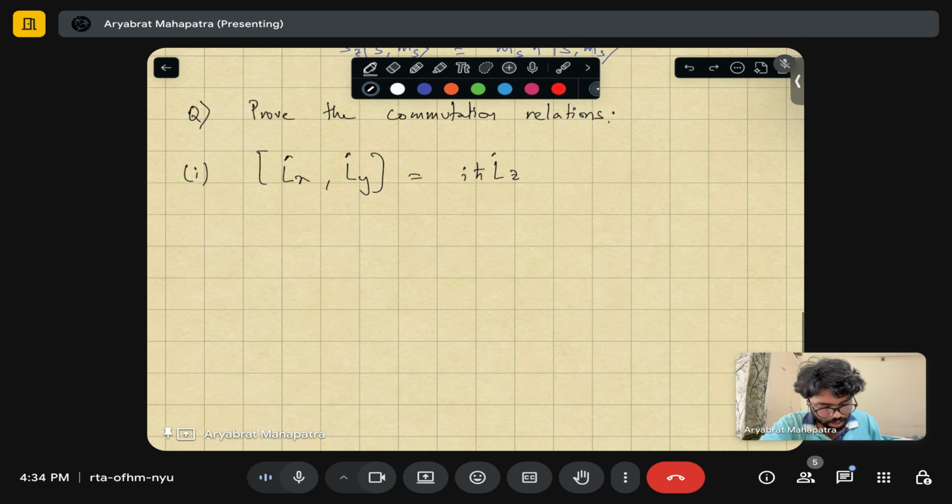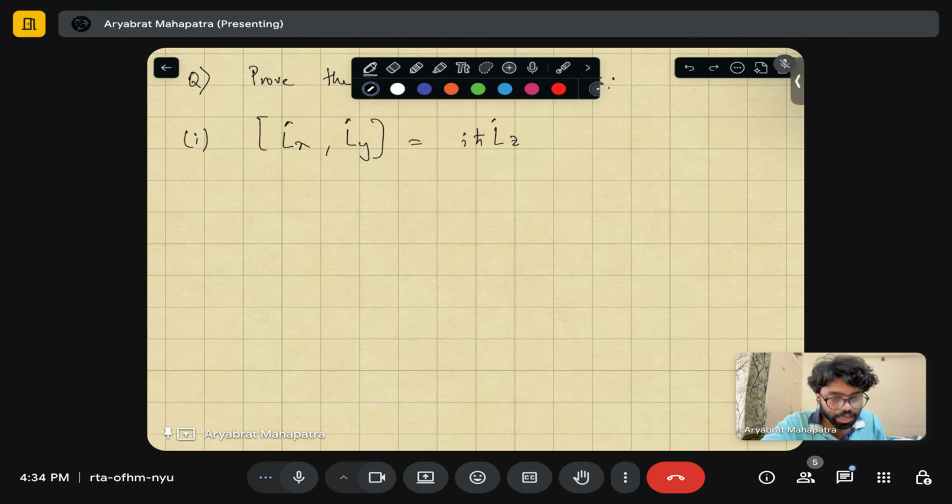To prove this, which is basically the LZ operator, let's start with how we define the LX operator. Generically, let's start with how we define LX, LY, LZ classically, and we treat those position variables and momentum variables as operators, and then we proceed.